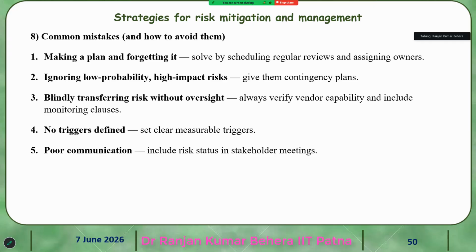And common mistakes: making a plan and forgetting it. You plan it and then forget it. That means you give the energy to the vehicle and you forget where it goes. You don't know where it goes. And then ignoring low probability and high impact risks. And blindly transferring risk without oversight.